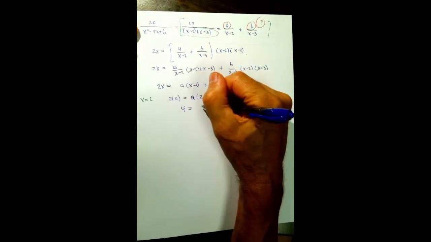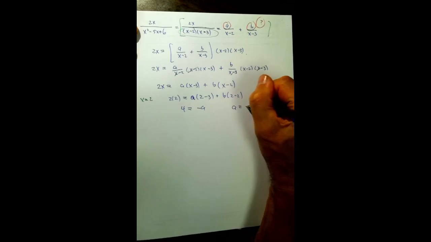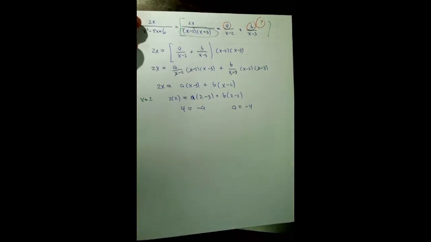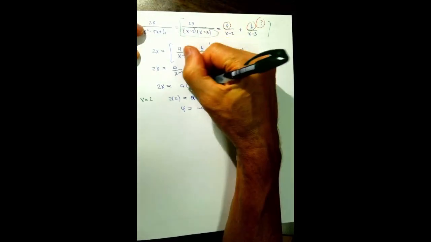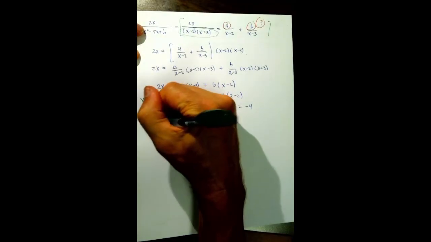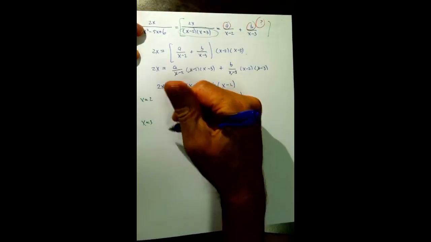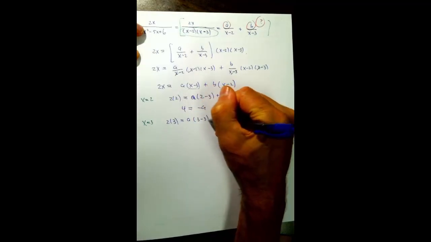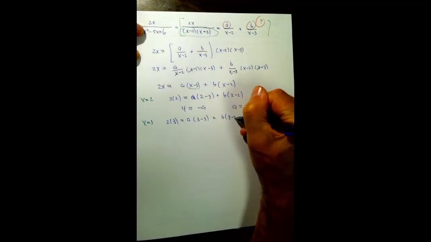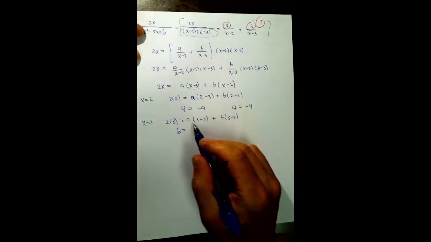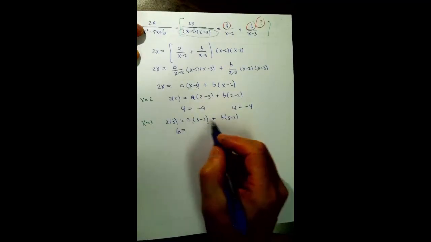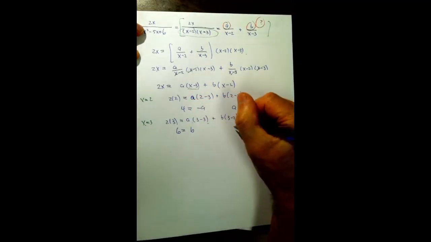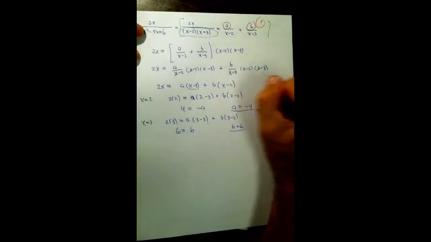So I get 4 equals minus a, so a equals minus 4. Now I would like to make that go away, so I let x equals 3. If I do that, I get 2 times 3 equals a times 3 minus 3 plus b times 3 minus 2. So this becomes, I get 6 equals 0 plus b times 1, so b equals 6.